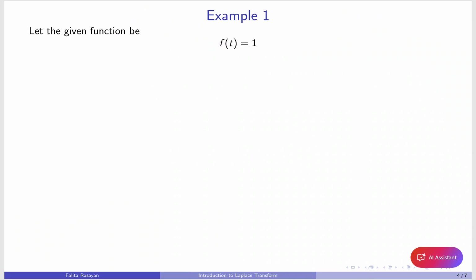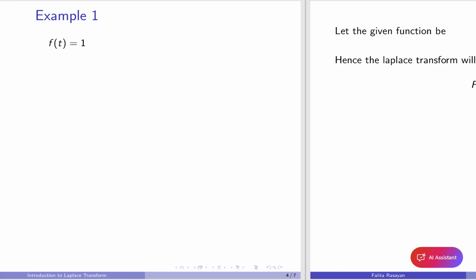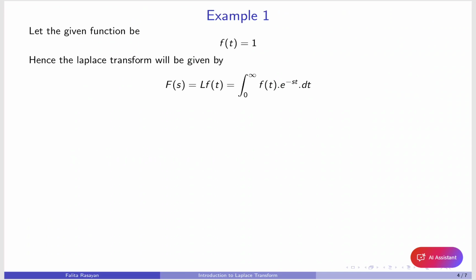So let us see how Laplace transform can be used to transfer a function from the t domain to the s domain, or the frequency domain. We begin with a very simple function where f(t) equals 1, a constant. Now we proceed to write the structure or the formula of the Laplace transform.